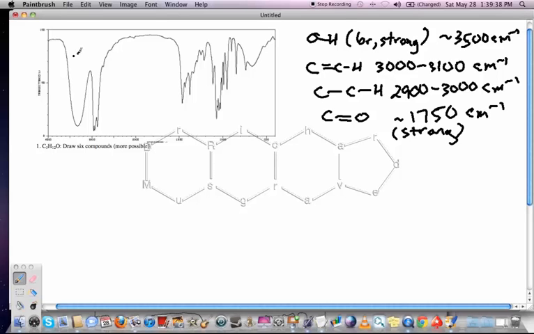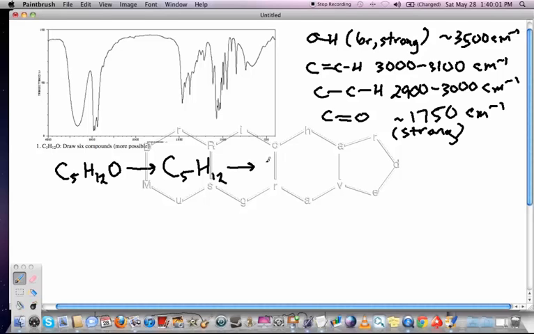So using the method I've shown you in the units of unsaturation, what you should do is write out the molecular formula, find the effective hydrogens, and since we've just got oxygen here, oxygen won't affect the number of hydrogens, so it'll just be C5H12.